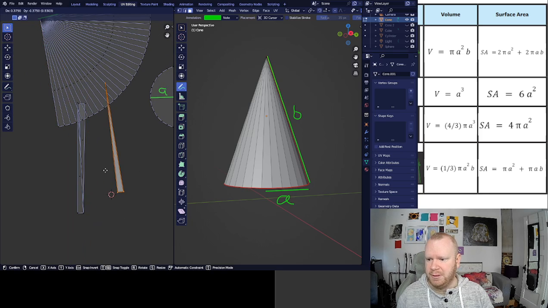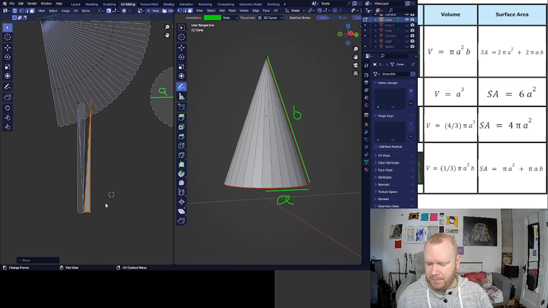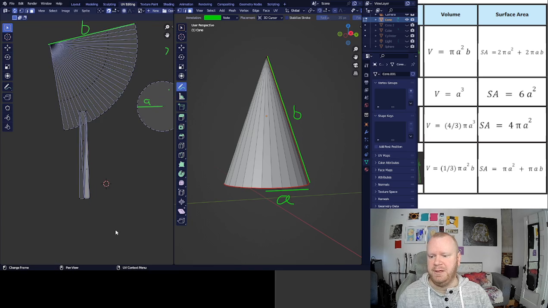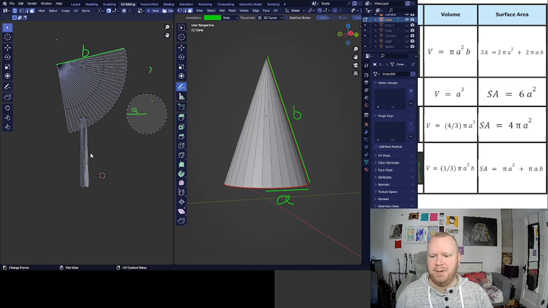I'll just do one more of these because I've got an example ready for this. All right. If I grab enough of these little segments here and line them up, I can sort of make a rectangle on there. So I've got one of these pre-made already, and I'm just going to show that really quick. But yeah, the idea is we can take all of those triangles and sort of line them up in a way that gives us a rectangle.